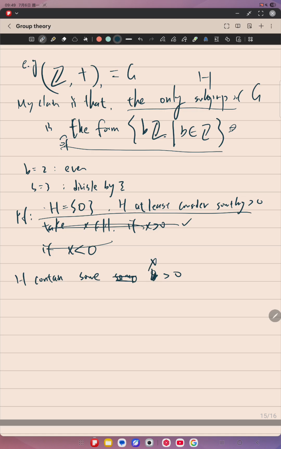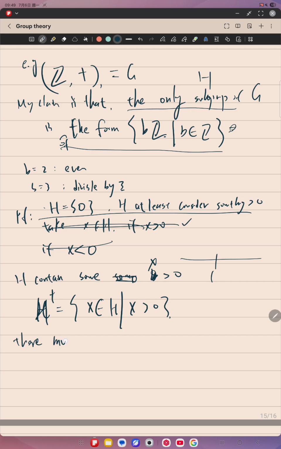Now I collect H plus, all the numbers in H that are greater than 0, and I consider the smallest one, because the smallest integer is 1. So there must exist a smallest one.